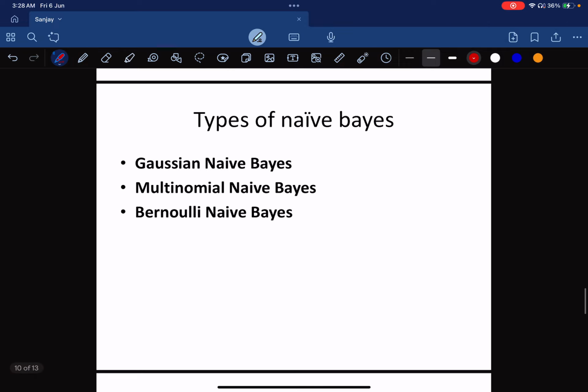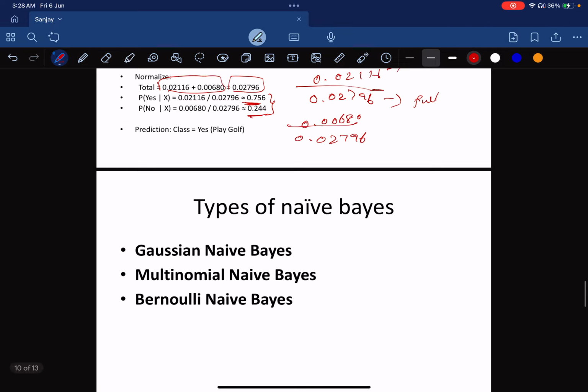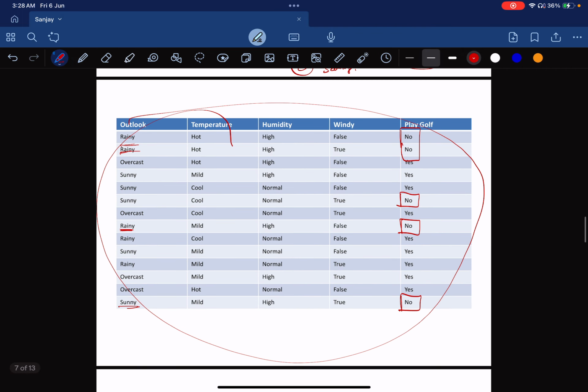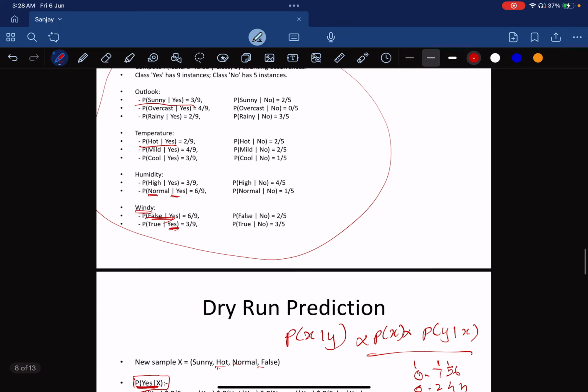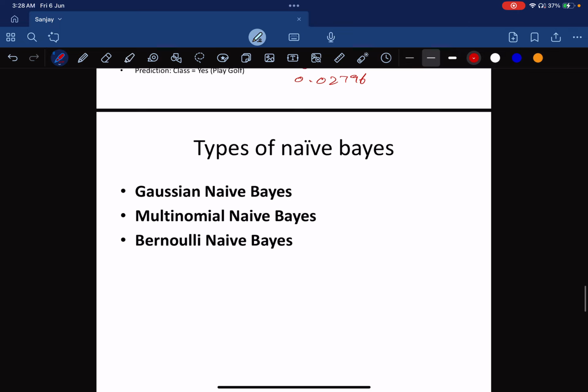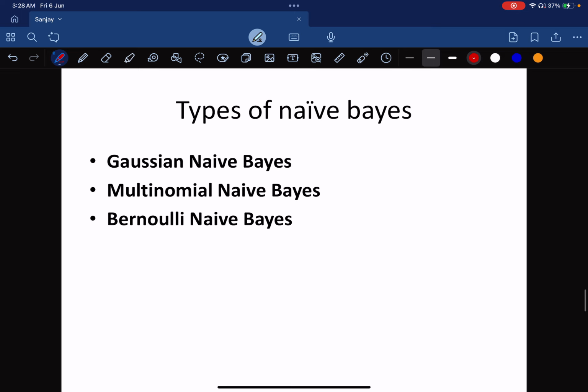There are 3 main types of Naïve Bayes. In this example, we use categorical data, right? Each input is a category like rainy, sunny, overcast, hot, cold, mild. These are categorical data. But in real-world applications, there may be continuous values or discrete values.